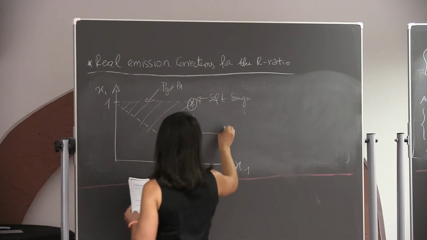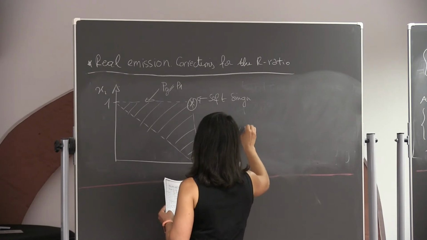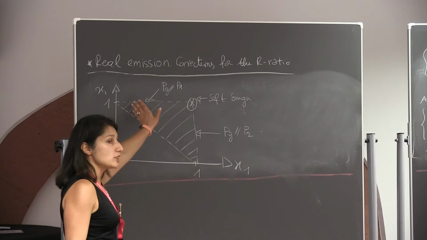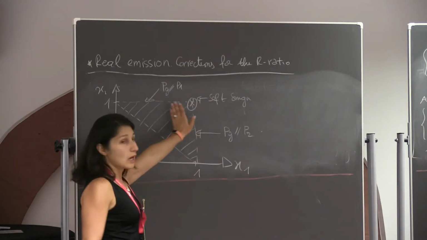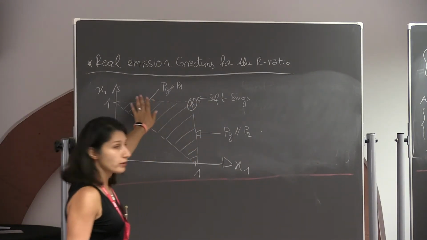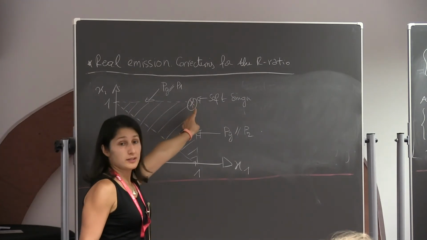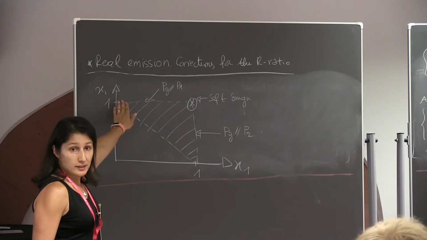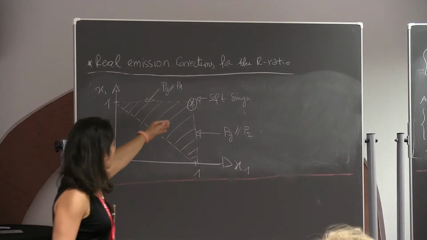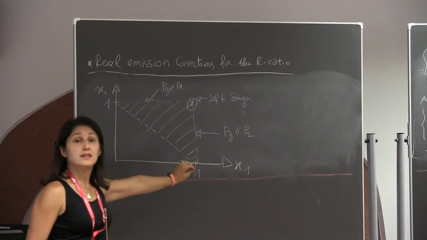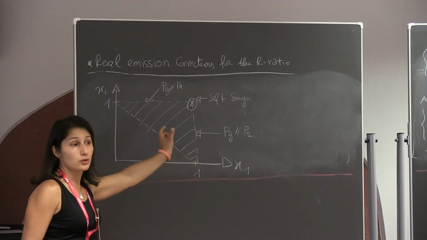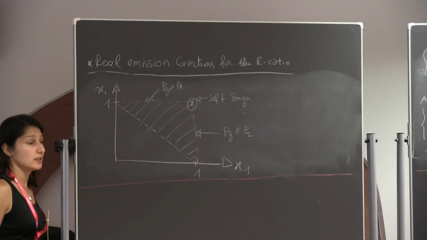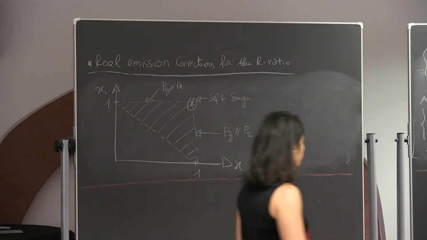This is PG collinear to P2. So you can see the region of phase space you are integrating over. This is the allowed region. We're integrating over this entire region. This corner here has a soft and a collinear singularity. This entire edge has a collinear singularity when the gluon is collinear to P1. This entire edge of our phase space has a collinear singularity when the gluon is collinear to P2. So this entire area of my phase space has singularities that need to be taken care of.